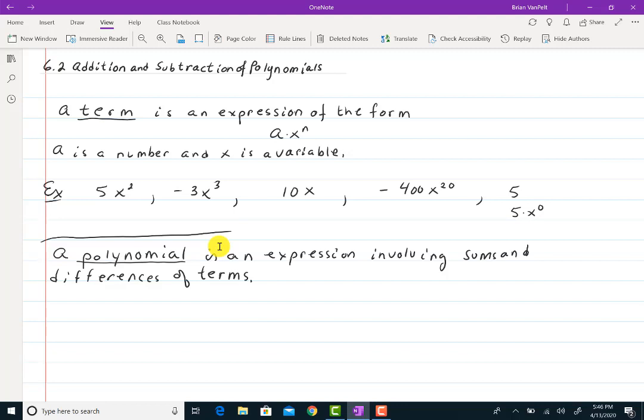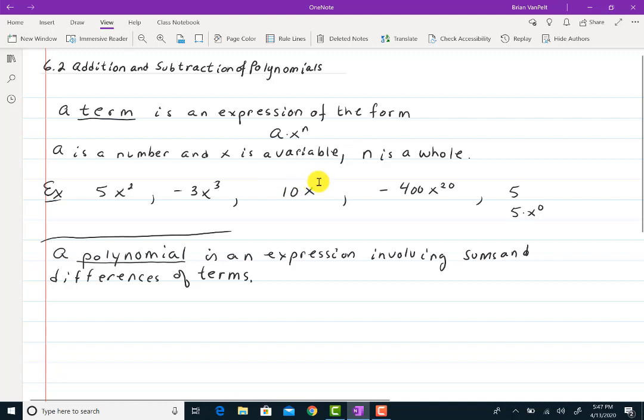And I think up here, when I did the definition of a term, I also should have said that n is a whole number. So n is a positive integer, or 0 is allowed. That's allowed for a whole number. So that's why all of these things are considered terms, because the powers on x are all whole numbers.